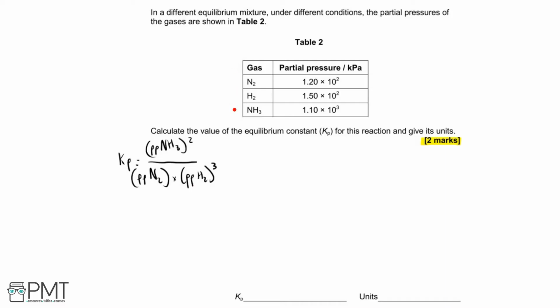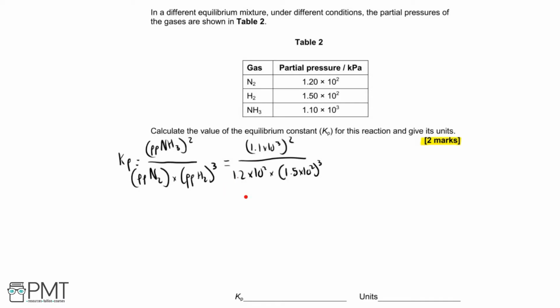So writing that out with those values, we would have 1.1 times 10 to the 3 all squared, divided by 1.2 times 10 to the 2 multiplied by 1.5 times 10 to the 2 all cubed.